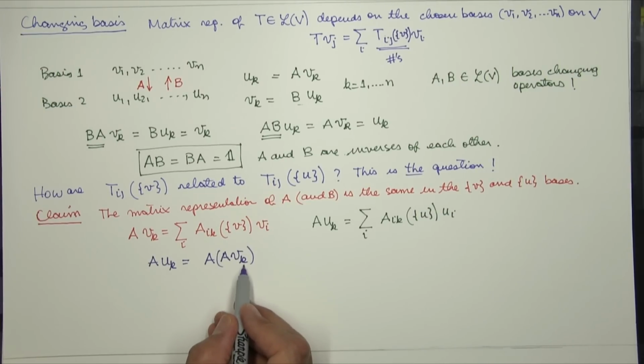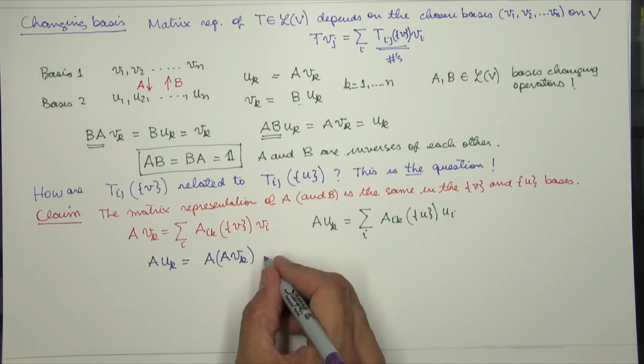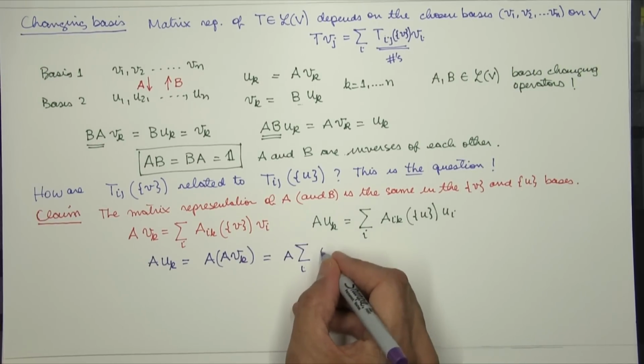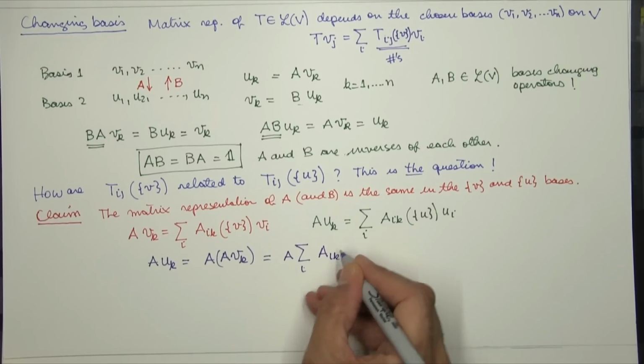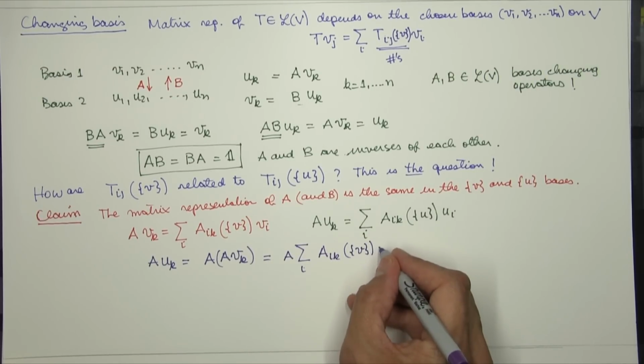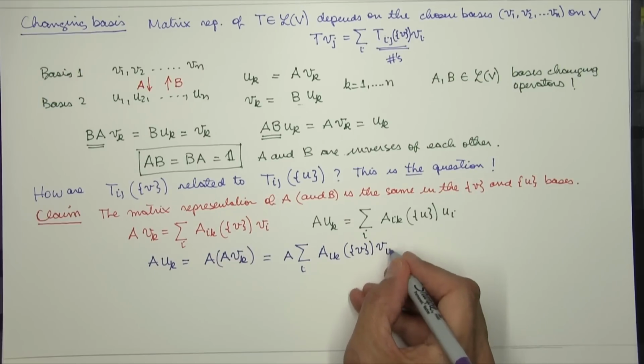And now use the defining action here. So you have A on the sum over i of A_ik of V times V_i.